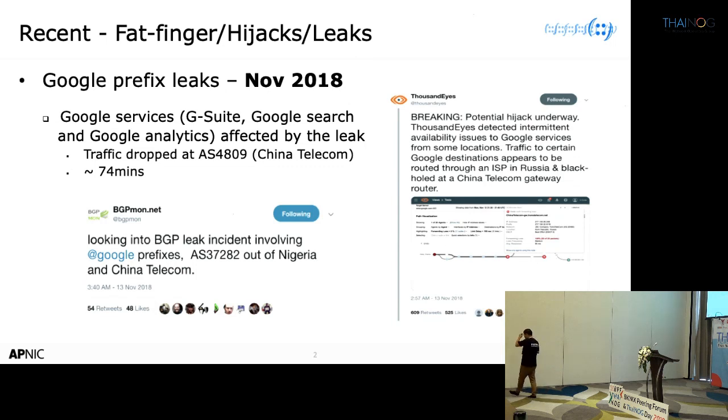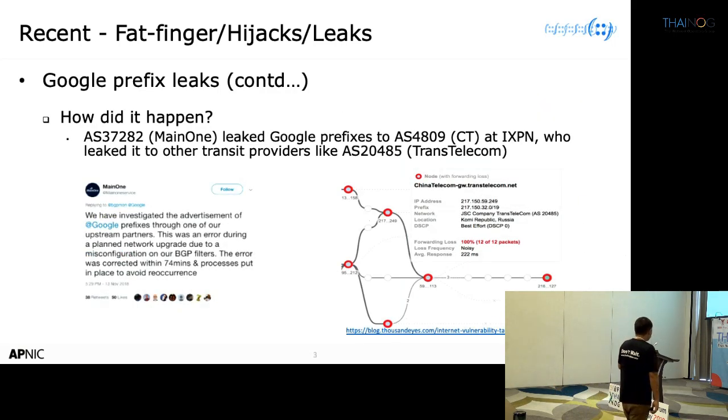What happened was Google was peering at an internet exchange in Nigeria, and an ISP who was peering at that internet exchange ended up leaking out Google's prefixes to China Telecom and other peers at that internet exchange. And given the fact that China anyway does not allow Google content, they ended up blackholing the whole Google prefixes. So for more than an hour, Google content wasn't reachable.